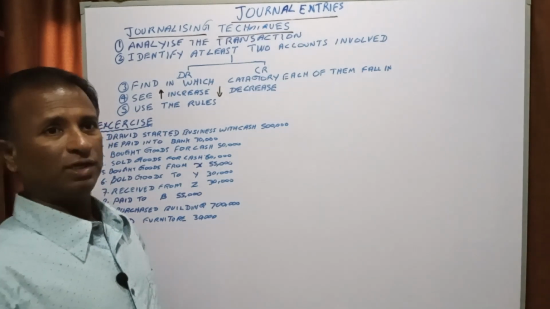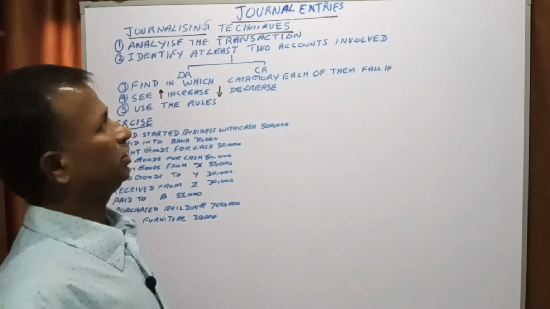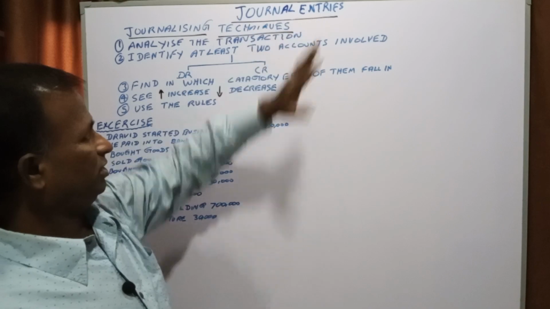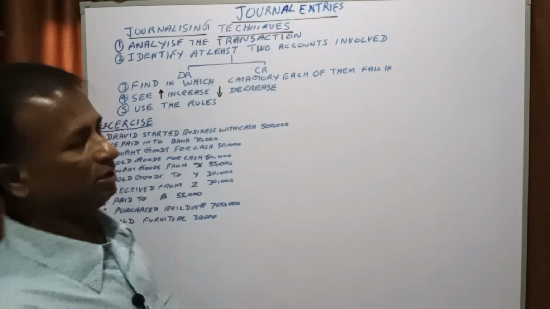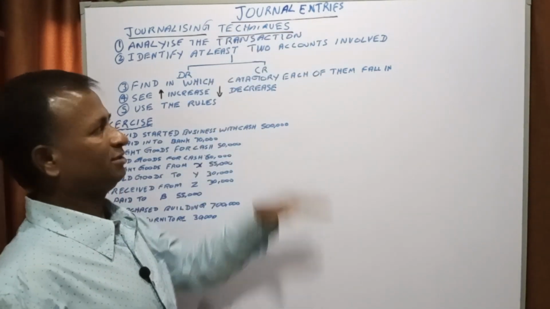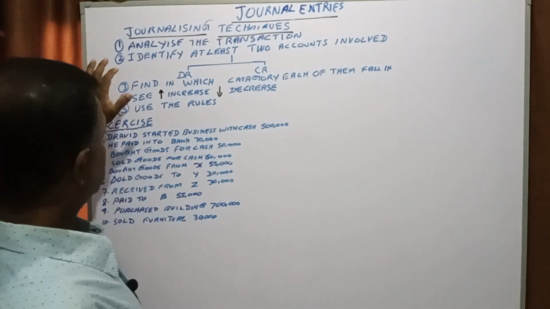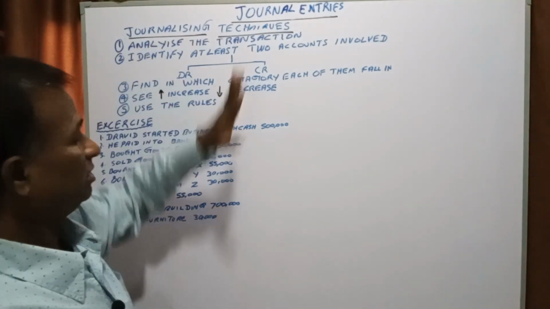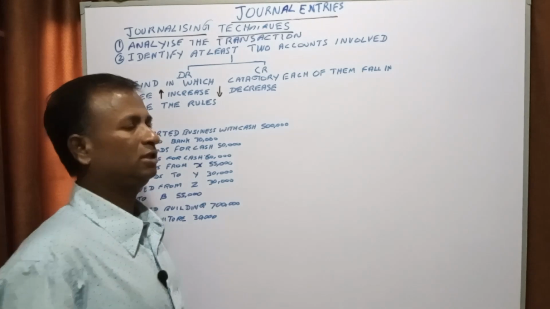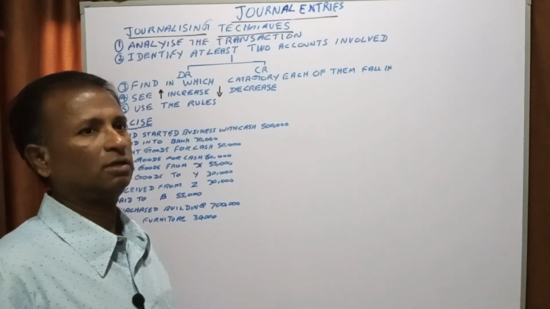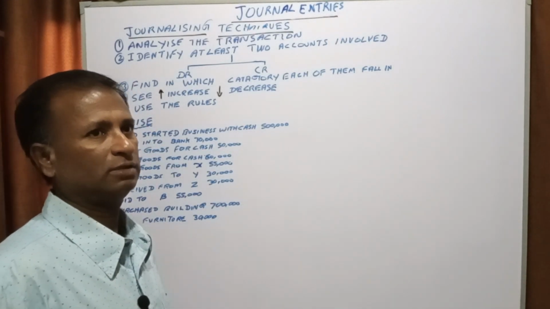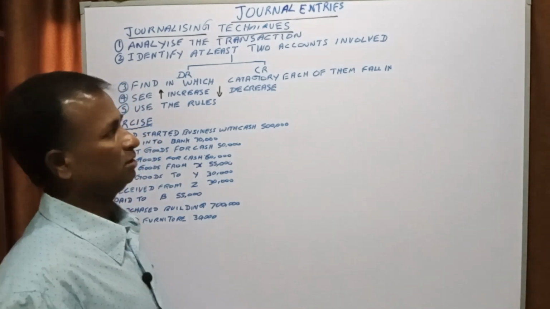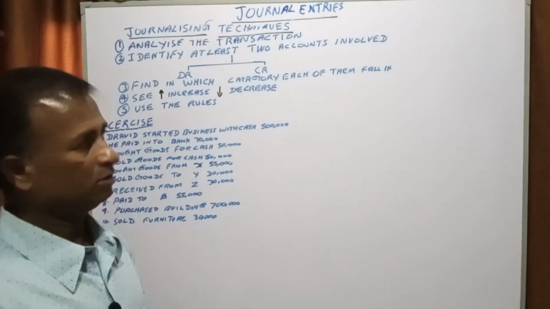And today we are going to look into the journal entries, how to prepare the journal entries, how to pass the journal entries. So, journalizing techniques. First of all, journal entries in the sense debit and credits, right? How to pass the debit and credits, right?